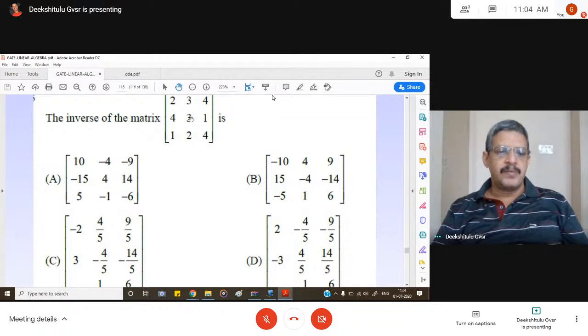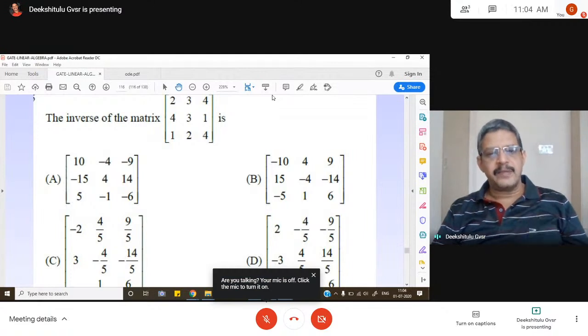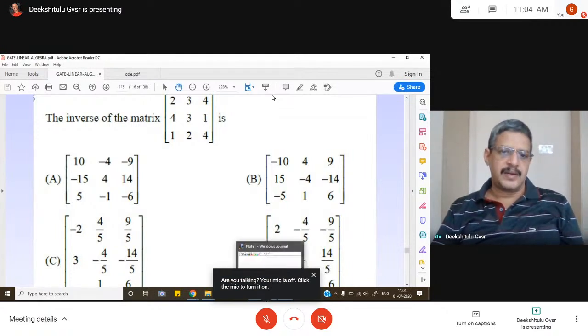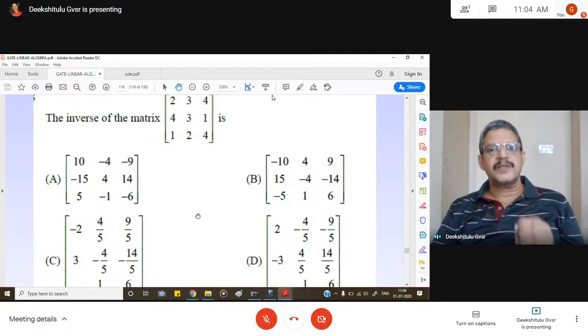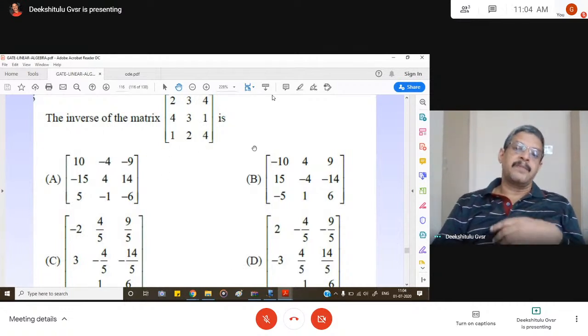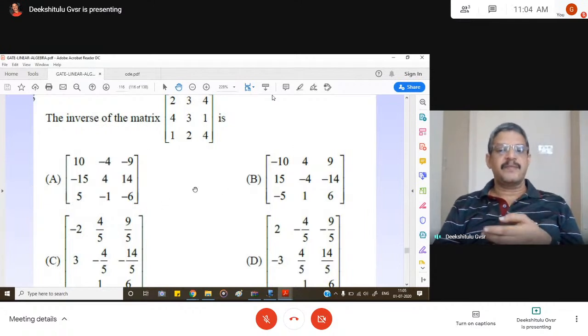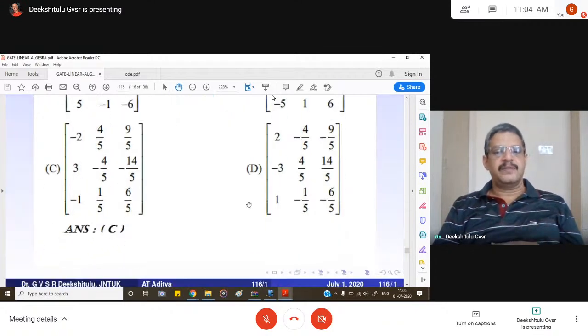Multiply this matrix with each of the alternatives, one after the other. Whenever you get an identity matrix, that is the inverse. The property of a matrix inverse is A into A inverse is equal to I, and since it is matrix multiplication, you can do it easily.